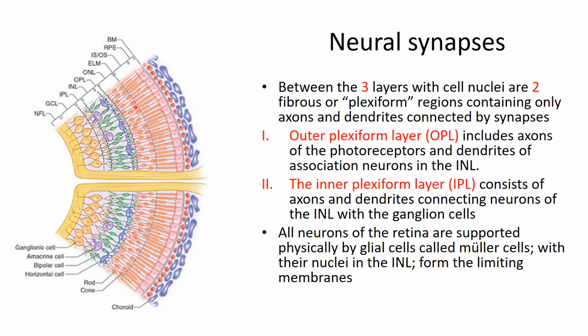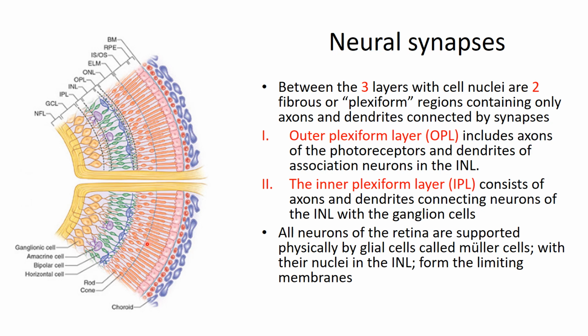One is known as the outer limiting membrane, where they form cell to cell adhesion with the photoreceptor cells, the rods and cones.